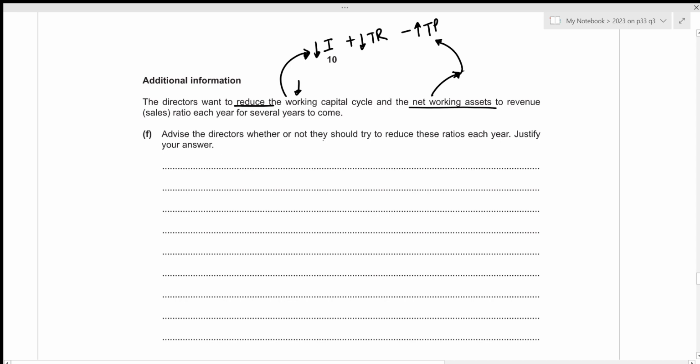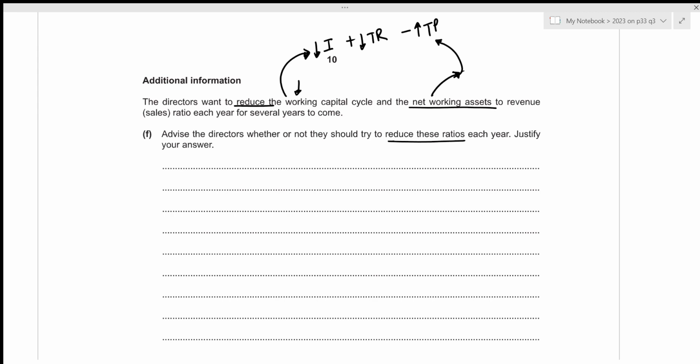Now we need to advise the directors whether or not they should try to reduce these ratios each year. We need to justify our answer. Okay. Now remember that reducing our working capital cycle means that the company is very efficient in turning its inventory and trade receivables as well as trade payables into cash. So that's just turning of net working assets to cash in a short amount of period, which means that our company would be classified as efficient.